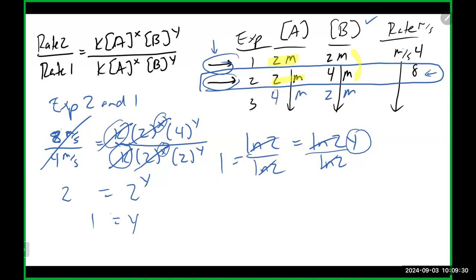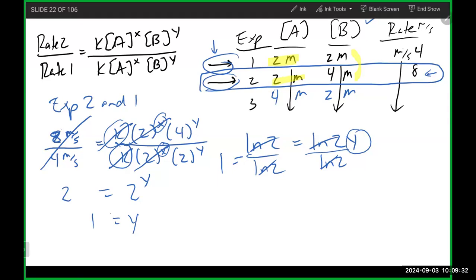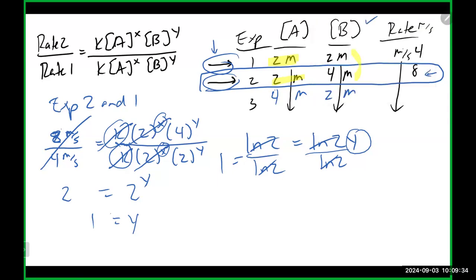You would want to go back to the table and find two entries where B stays the same, which in this case, B is the same in those two entries and A varies, and you do the same type of calculation there for A and get both orders. Once you determine both orders, you then would have the completed rate law with the orders. You could use that then to solve for the value of the rate constant. Any questions on that there?